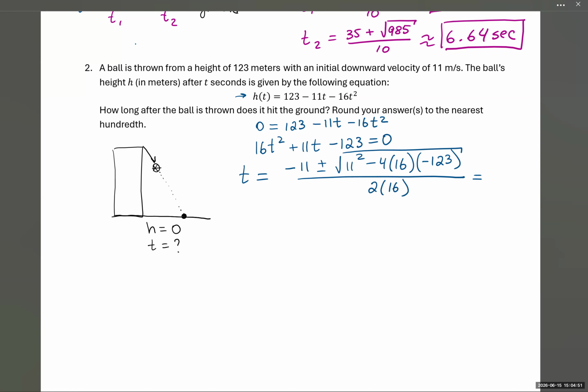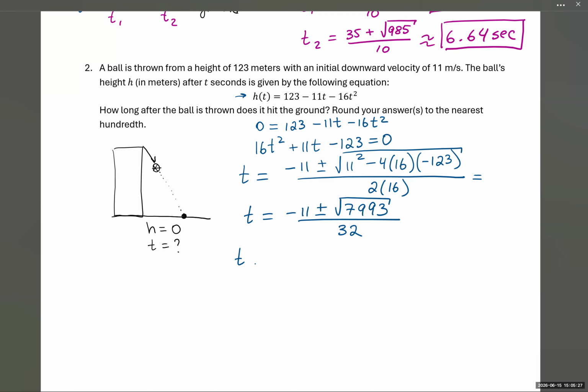We'll go ahead and simplify a little bit. T equals negative 11 plus or minus square root of 7,993, divided by 32. Now we can go ahead and break it up into two equations.